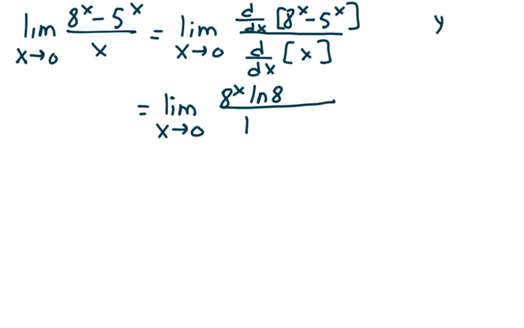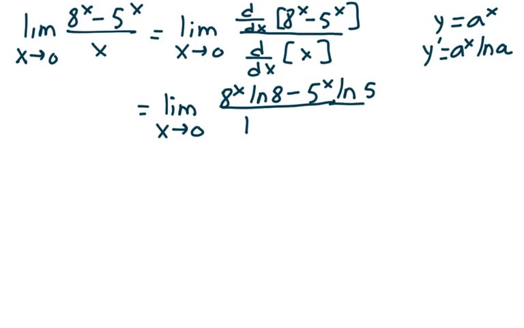So remember, if y equals a to the x, y prime is a to the x natural log of a. Now remember, a is greater than 0, and a can't be 1. And then the derivative of 5 to the x is 5 to the x natural log of 5.